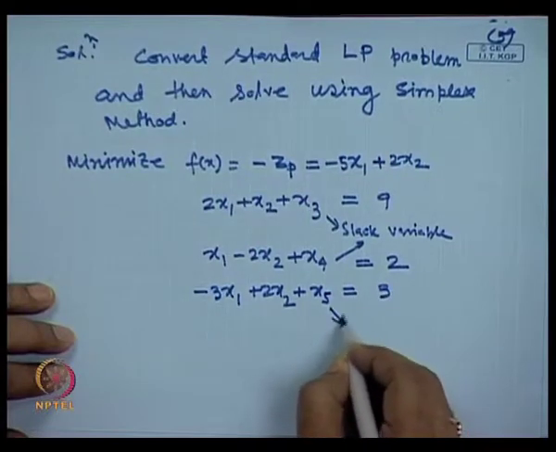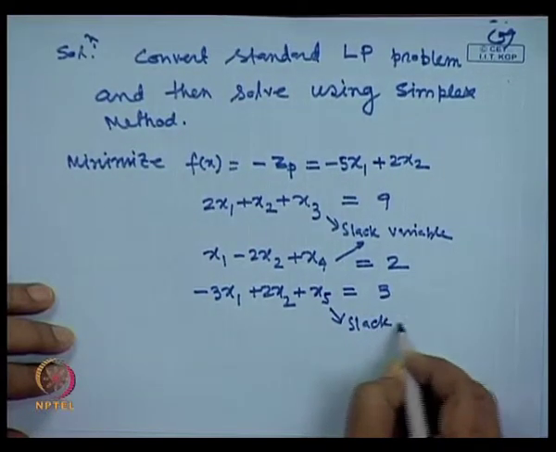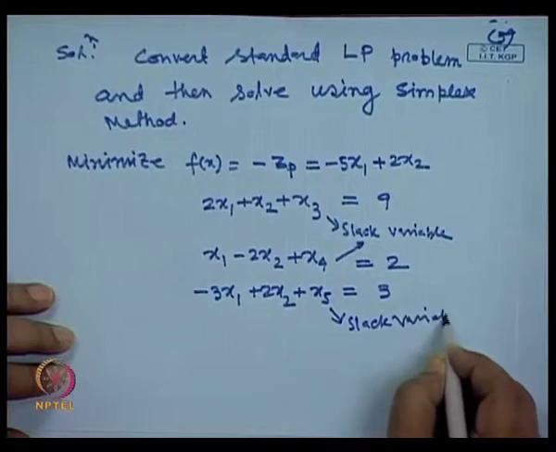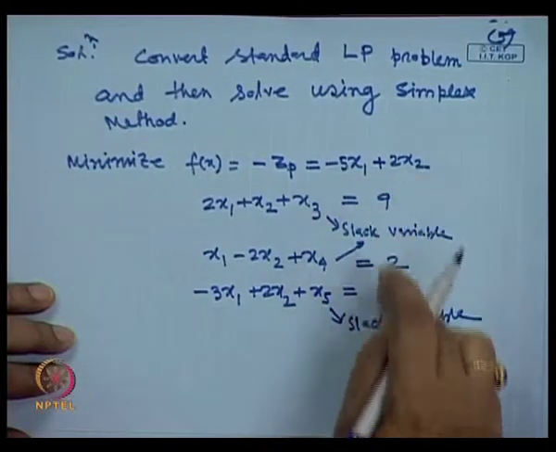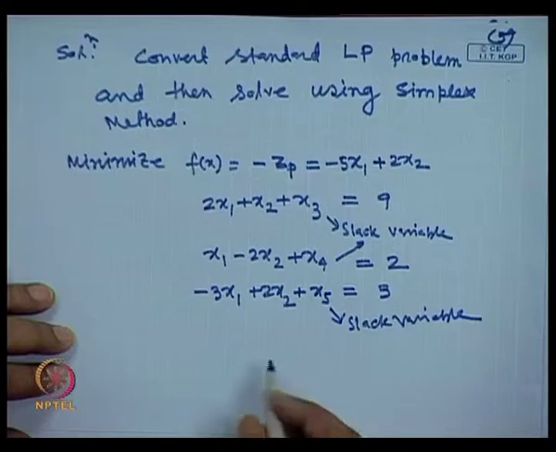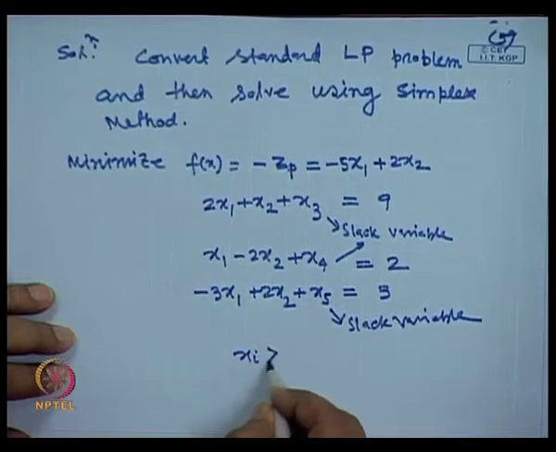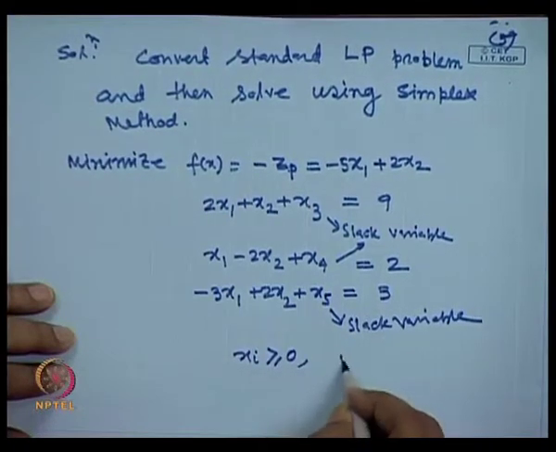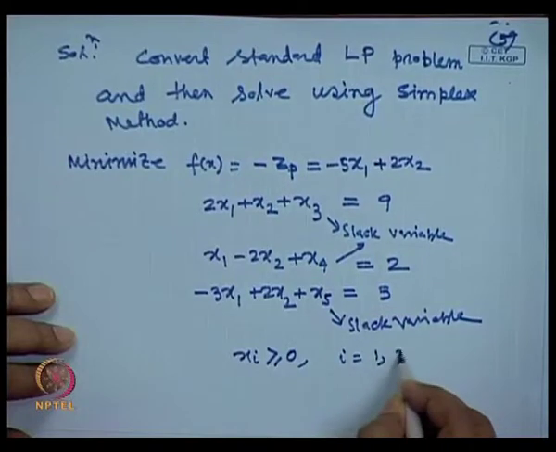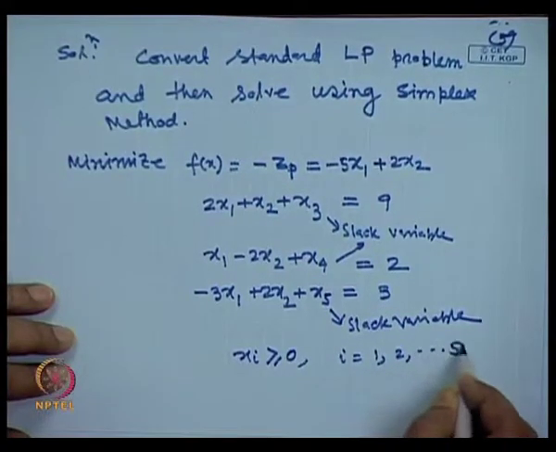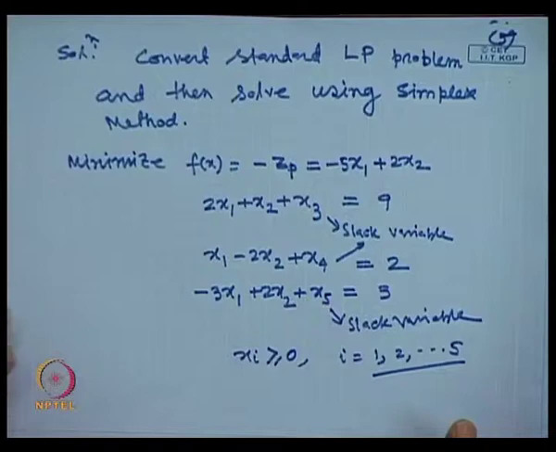This is also a slack variable. And the right hand side of all equations is positive. So, xi is greater than or equal to 0, i varying from 1, 2, up to 5. So, this is converted into a standard LP problem.